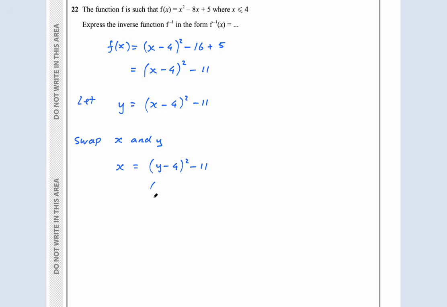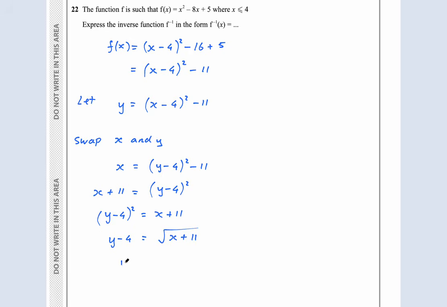So I have y minus 4 squared equals x plus 11. Take the square root: y minus 4 equals the square root of x plus 11.